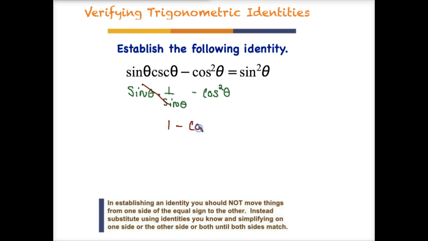And now on the left side, I have 1 minus cosine squared theta is equal to sine squared theta. Anytime you see cosine or sine that's squared, you should immediately think about the Pythagorean identities. We can rewrite 1 minus cosine squared theta as sine squared theta.